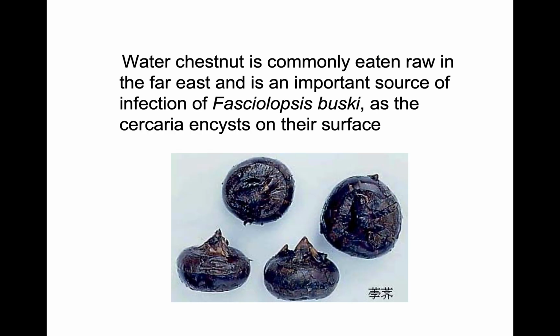Water chestnut is commonly eaten raw, and in many countries people eat it as a fruit. This is a very important source of infection for Fasciolopsis buski, as the cercaria encyst on the surface, and the surface, as you can see, is dark, so it's very easy to neglect the things hidden under it.